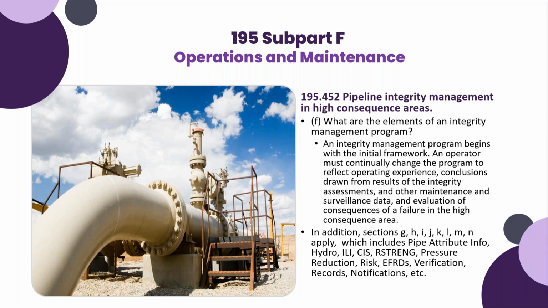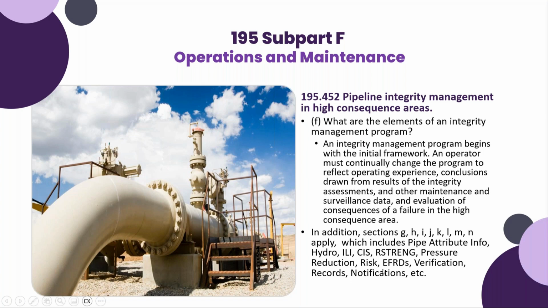You'll see 1160, your industry standards, now to support what the regulations are stating. And then we got subparts G, H, L, and so on. But the bottom line is which includes the pipe attribute data, is your hydro test, your ILI, your close intervals, your R string calculations, and they mentioned it in there.